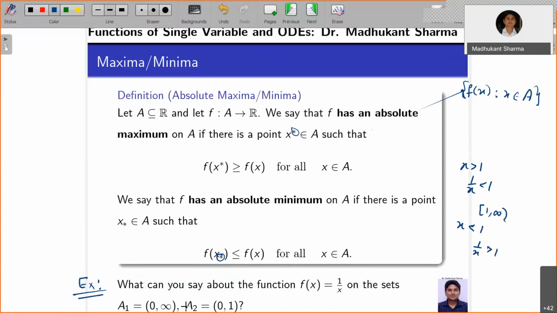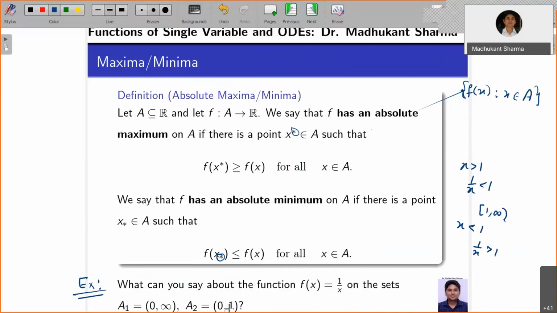So we have considered the infinite length interval. Will it not be true for a finite length interval? You can look at A2, 0 to 1. You know that the limit as x tends to 0 plus is infinity, a very large value. But 0 is not part of this interval.